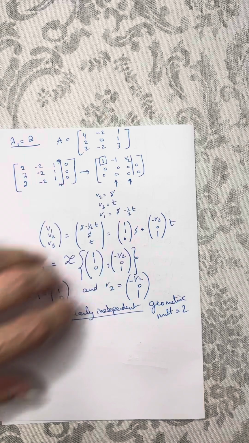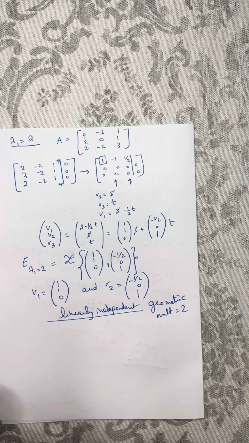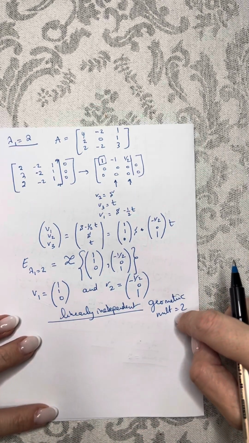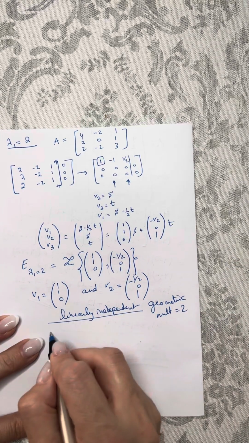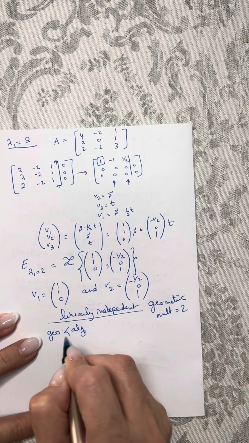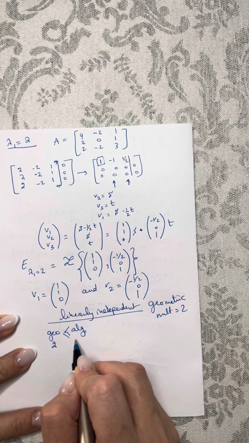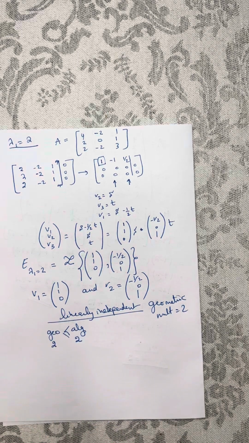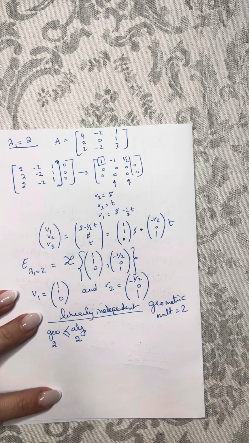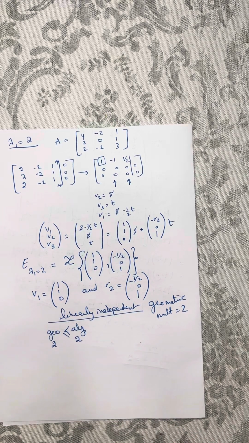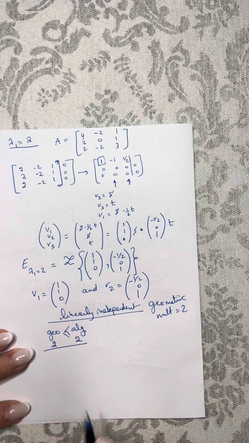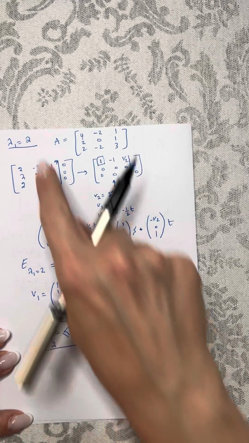As well, 2. Because the algebraic multiplicity has to be either equal to the geometric multiplicity or bigger than it. So geometric multiplicity is always less than or equal to the algebraic. So for this to be 2, the algebraic multiplicity has to be 2 as well. It cannot be anything else. All right, this means I got 2 eigenvectors corresponding to that.